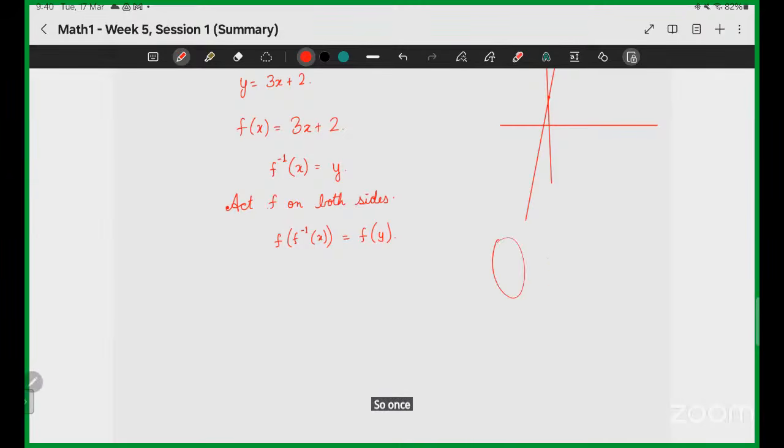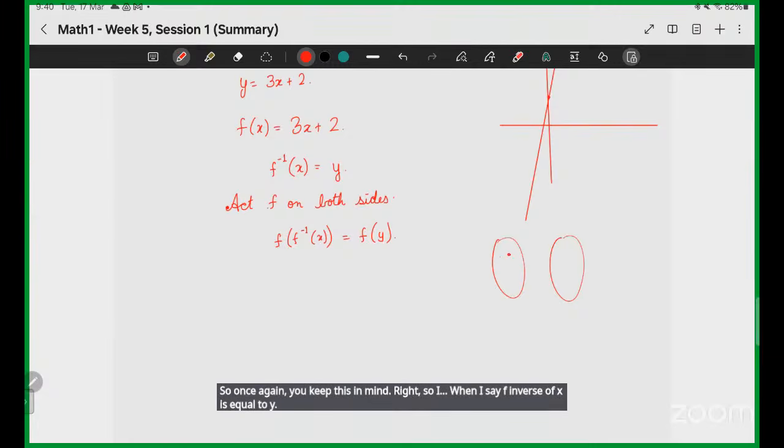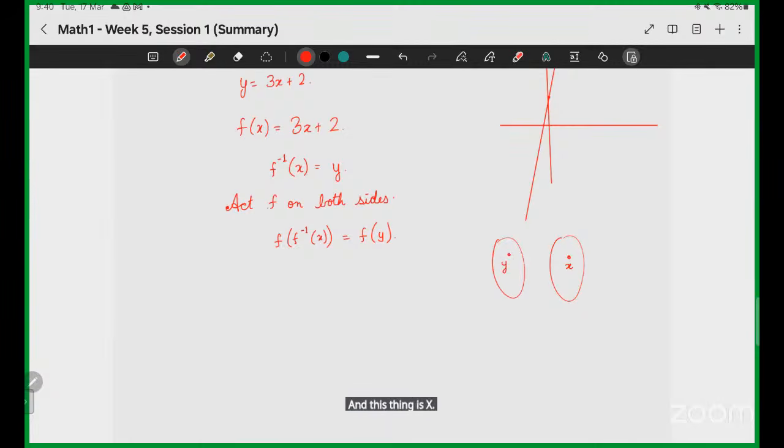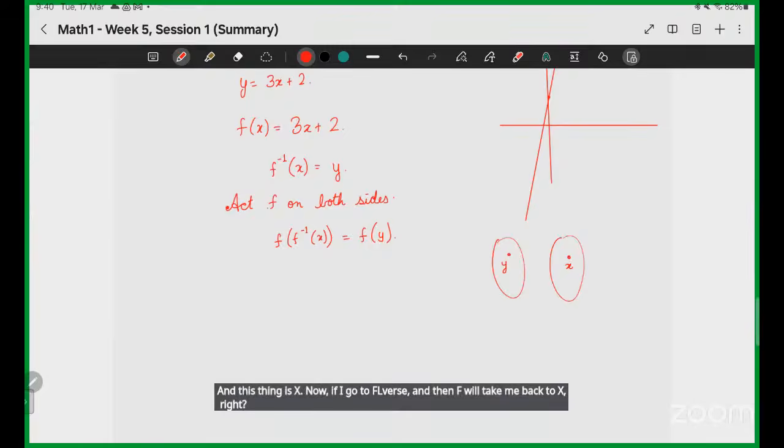So once again, keep this in mind. When I say f inverse of x is equal to y, this thing is some y, and this thing is x. Now, if I go to f inverse, and then f will take me back to x, right? x is an element of the codomain.